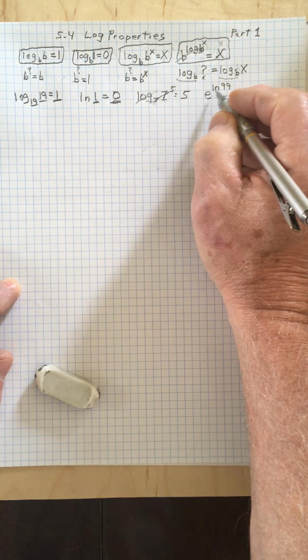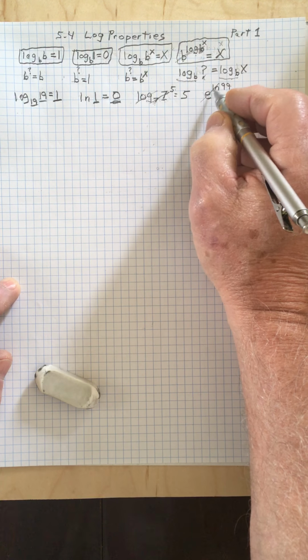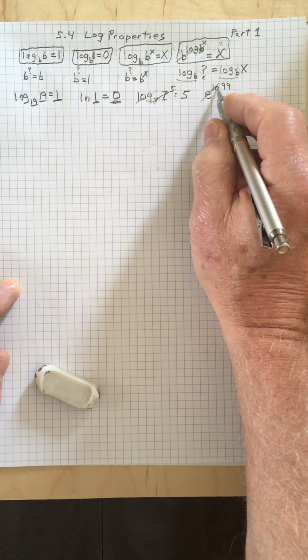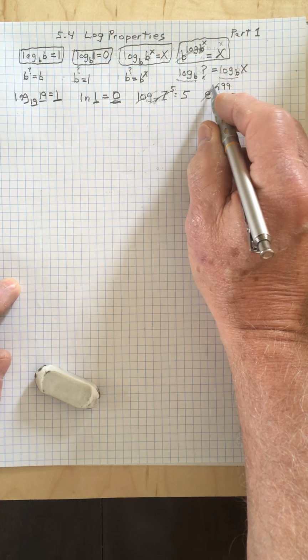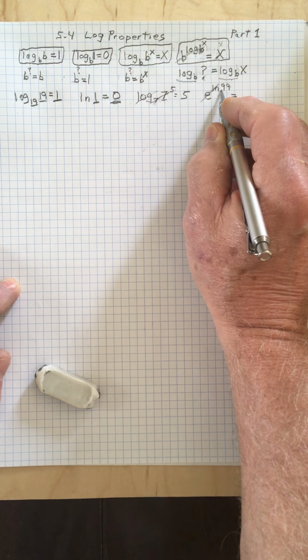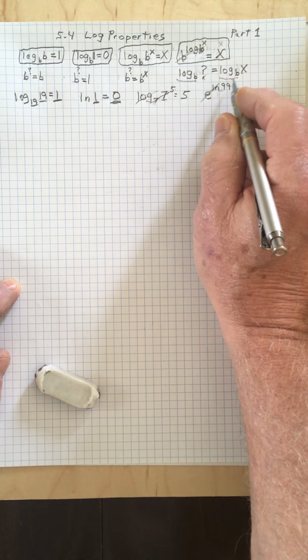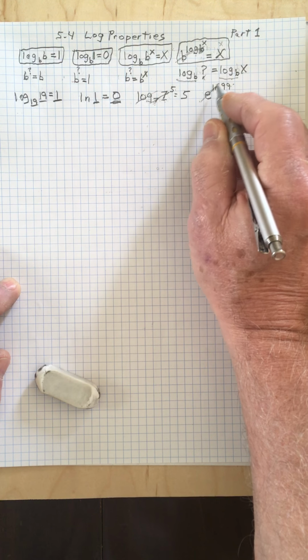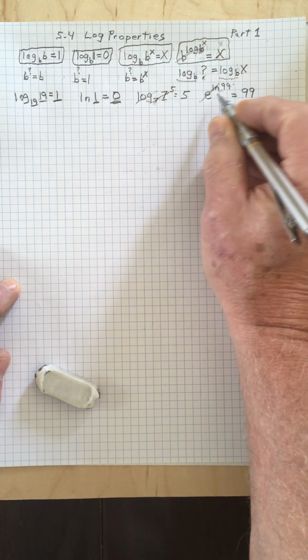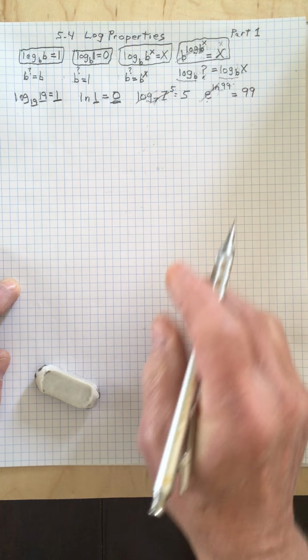But this is a base e, so these bases cancel here. So I could rewrite this as log base e of e to the 99. That's the base of the log. That's a base being raised. If the bases match, they cancel. That's just 99. And that's an example of this rule right here.